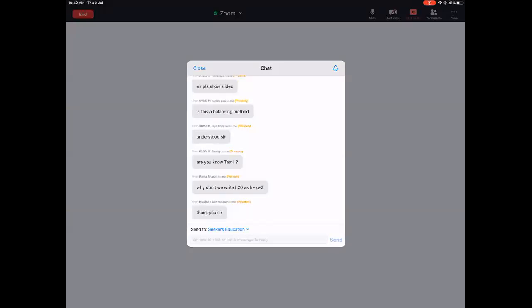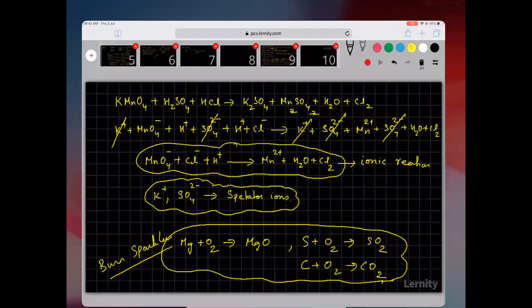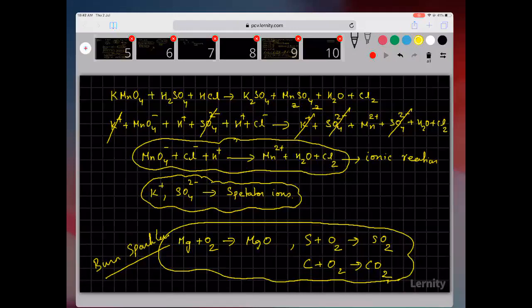H2O is a neutral molecule. It is not written as H plus and OH minus because it's a neutral molecule. But if you want, you can write H2O as H plus OH minus. We can write like that. But it's not written that way because water is neutral.